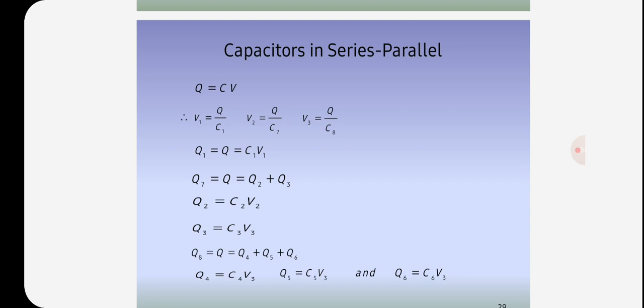Q8 is equal to Q is equal to Q4 plus Q5 plus Q6, where Q4 is equal to C4 V3, Q5 is equal to C5 V3, and Q6 is equal to C6 V3.